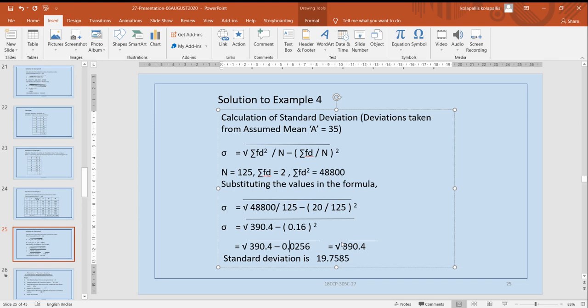0.0256 is subtracted from 390.4, that is, we are deducting 0.0256 from 390.4, which gives about 390.144, that is 390.